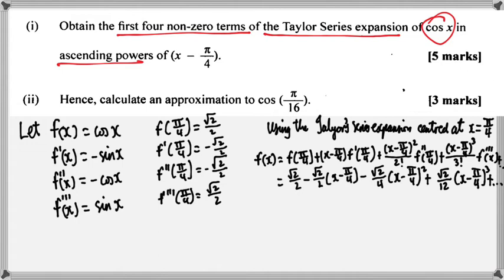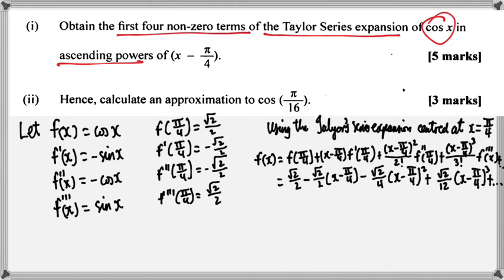And then we have to look at question 2. Part 2 here says, hence calculate the approximation to cos pi on 16. So whenever they say hence, as in the previous question I did on Maclaurin series, hence means use the information from the previous part.